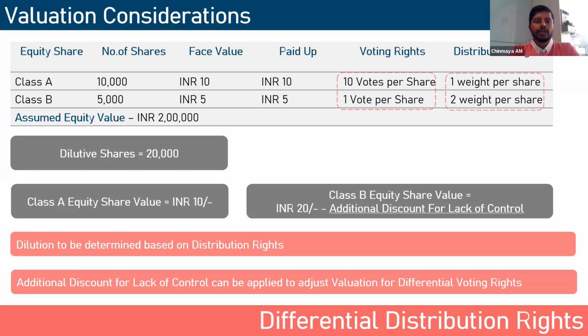Okay, so here the value of each category is the same, but the dilutive instruments will change. If you just take the number of shares on the face of it, it will be 15,000: 10,000 class A and 5,000 class B. But because class B has 2 participating rights, we will consider 1 class B share as 2 shares for the purpose of computing dilutive number of shares.